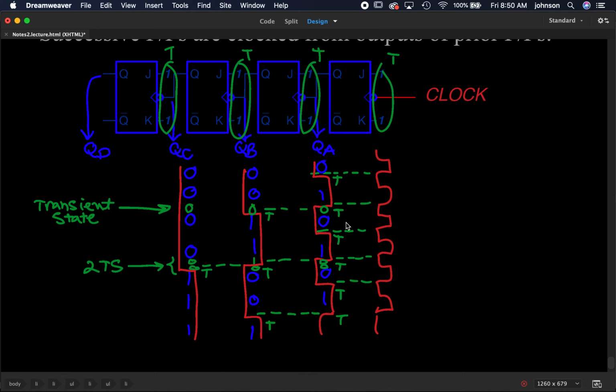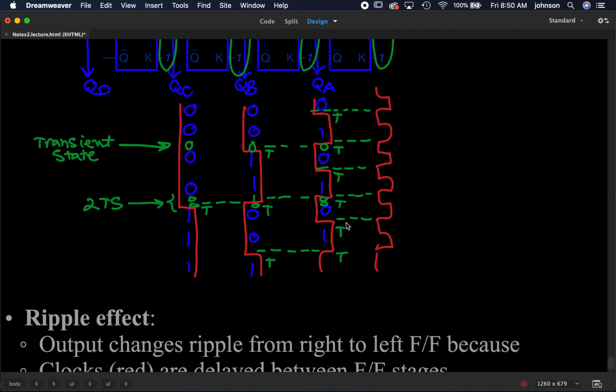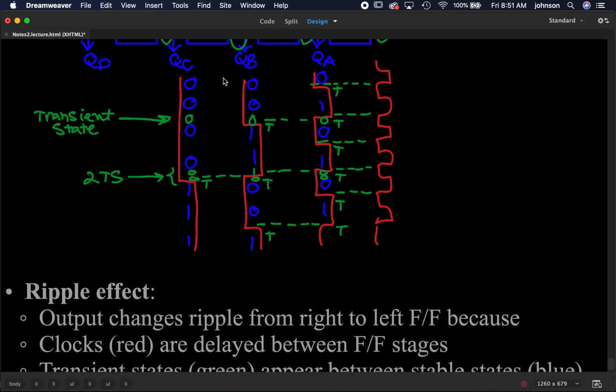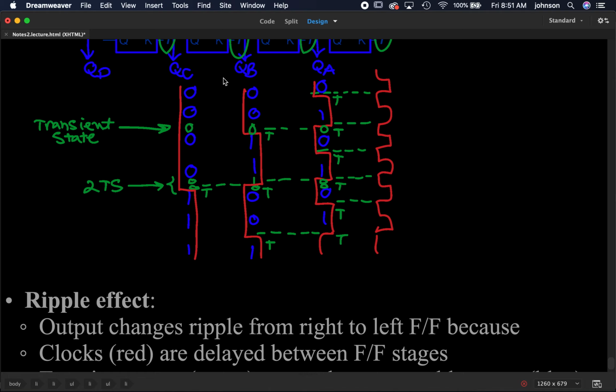That is due to an effect that I call the ripple effect. The outputs are going to change from the right to the left as the signal propagates through, because notice that the clock is only applied to the first flip-flop. That means successive flip-flops have to get their information from a prior stage. This is called the ripple effect, because the clocks are delayed between the flip-flop stages, as it's showing you here on the bottom.